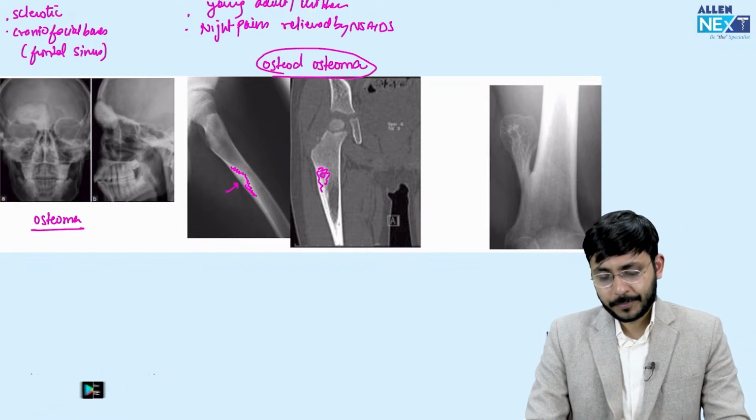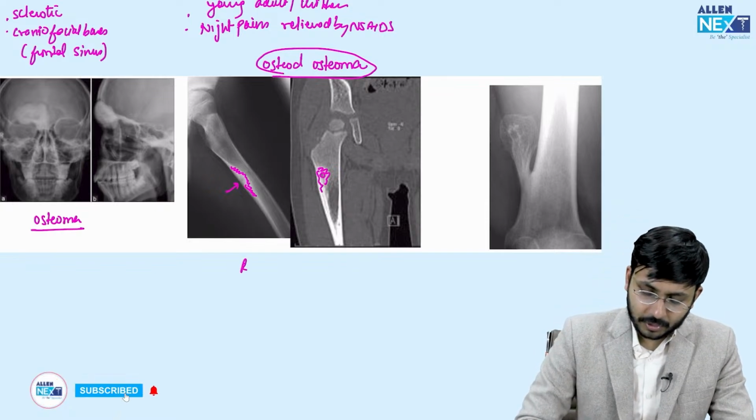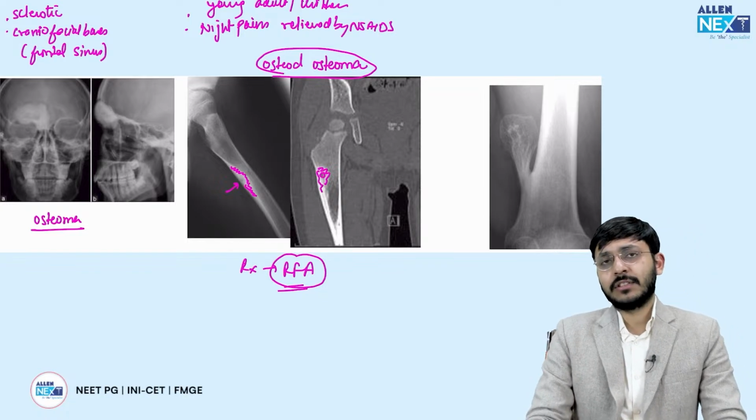Osteoid osteoma, correct? And what is the treatment for osteoid osteoma? You do a radiofrequency ablation. RFA is the treatment of choice.